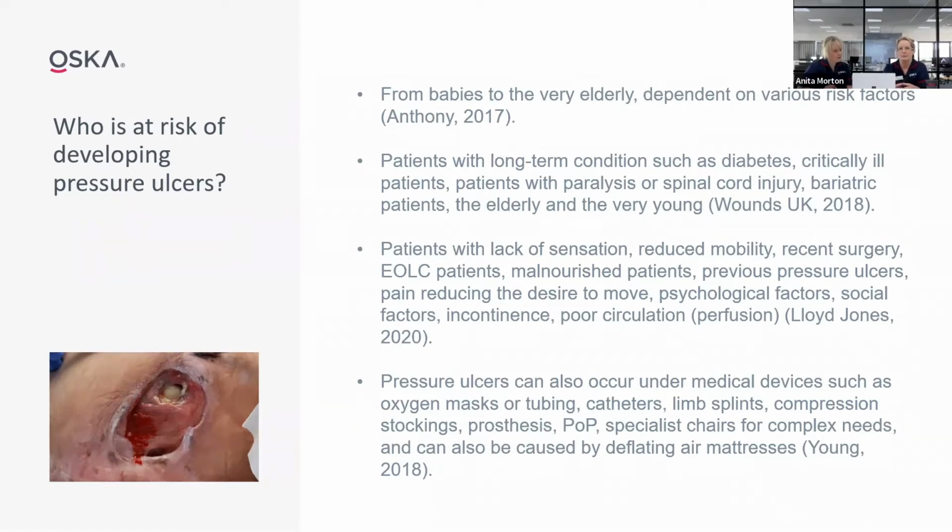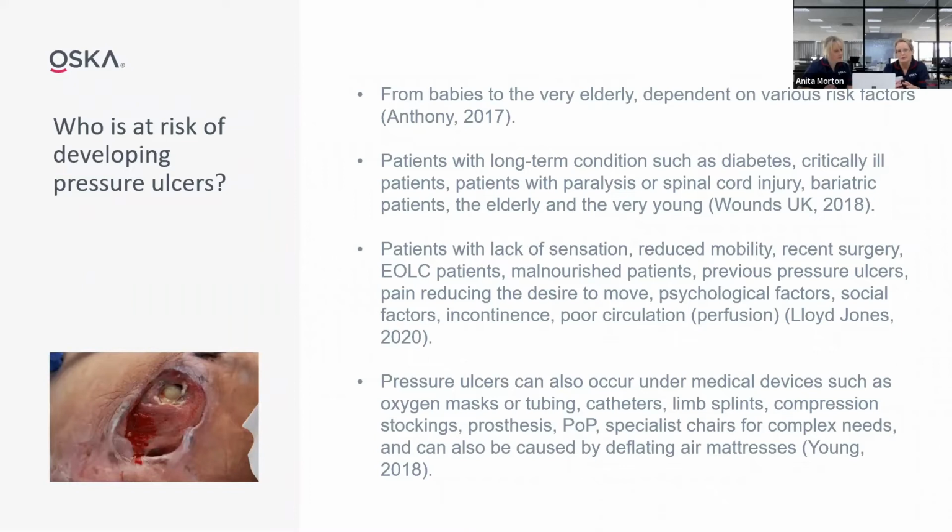So thinking about people with long-term conditions such as diabetes, critically ill, patients with paralysis, obviously, patients who lack that sensation to be able to understand or feel when something's under pressure, maybe recent surgery, patients with poor nutritional intake, or patients who are seriously dehydrated, because obviously with hydration, it's really important to pump up and keep the veins open and in good condition.